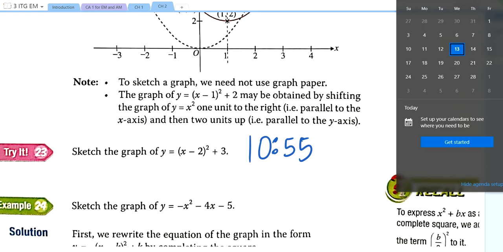I'm looking for a hairy graph. Hairy, yeah, okay, I see a hairy graph already.